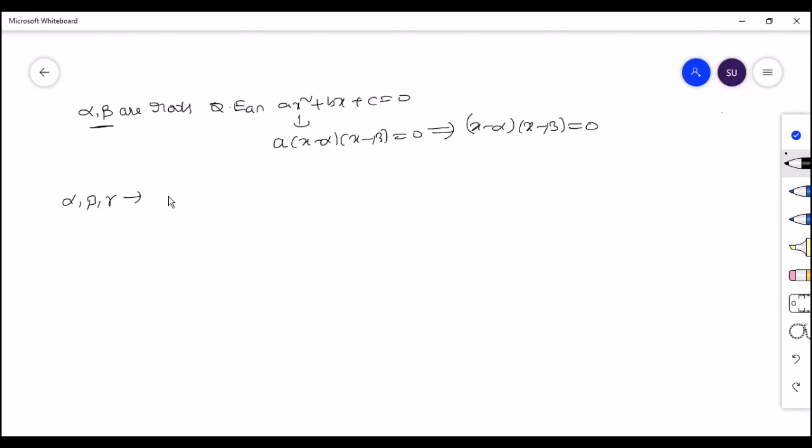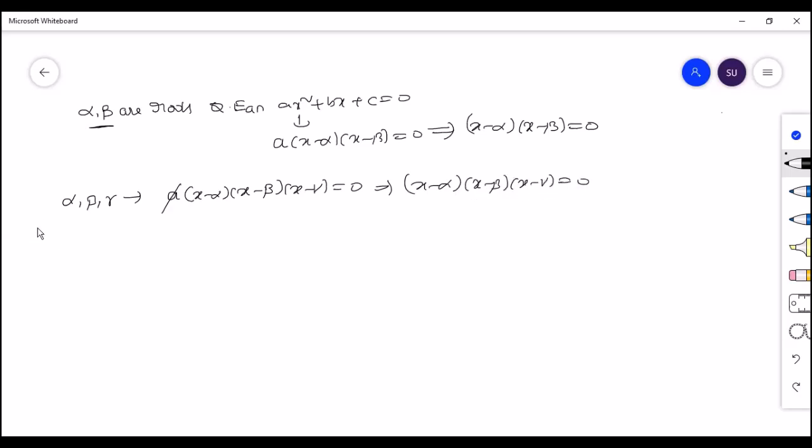Suppose alpha, beta, gamma are 3 roots, then it is a cubic equation. That cubic equation is a into x minus alpha into x minus beta into x minus gamma is equal to 0. Since 0 divided by a is 0, you can write the equation as x minus alpha into x minus beta into x minus gamma.